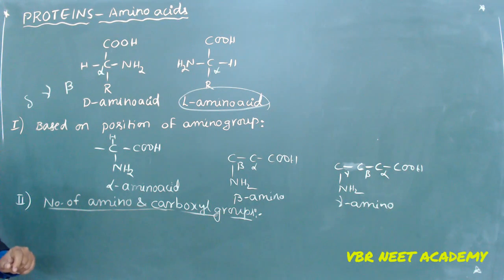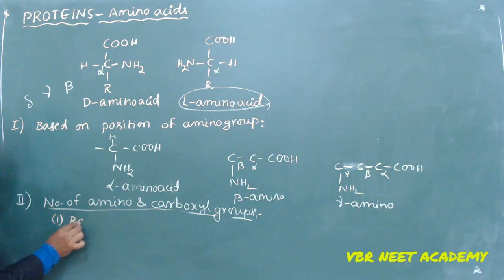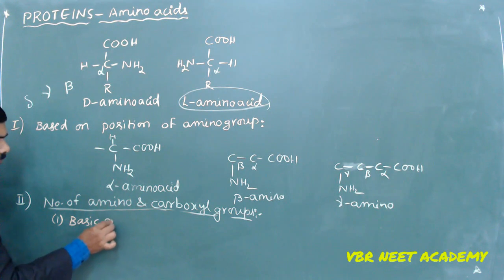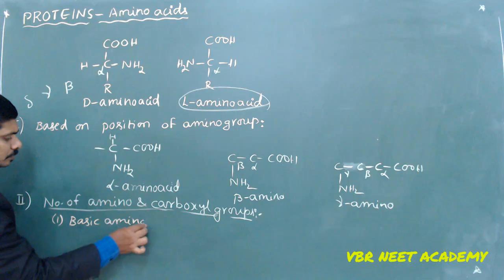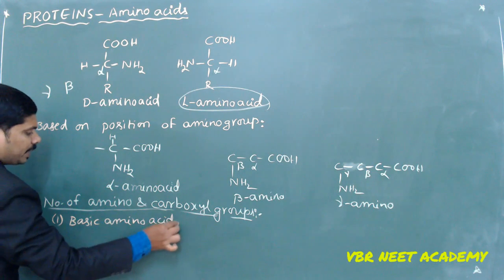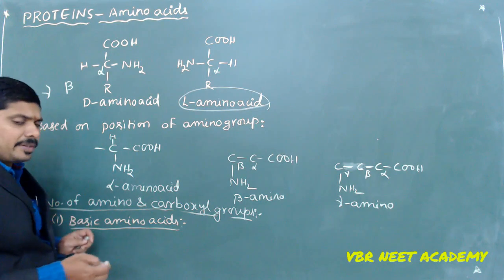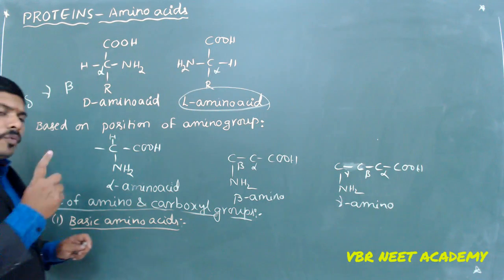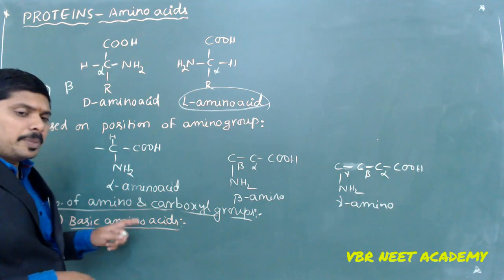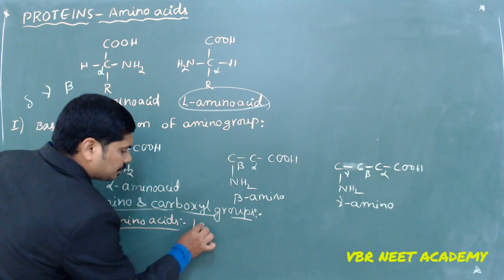Some amino acids can have more than one amine group, more than one carboxyl group. If we are having more than one amine group, we are going to call them as basic amino acids. What they are going to have? One extra amine group. They will be having two amine groups and one carboxyl group. That's why they are called as basic amino acids.